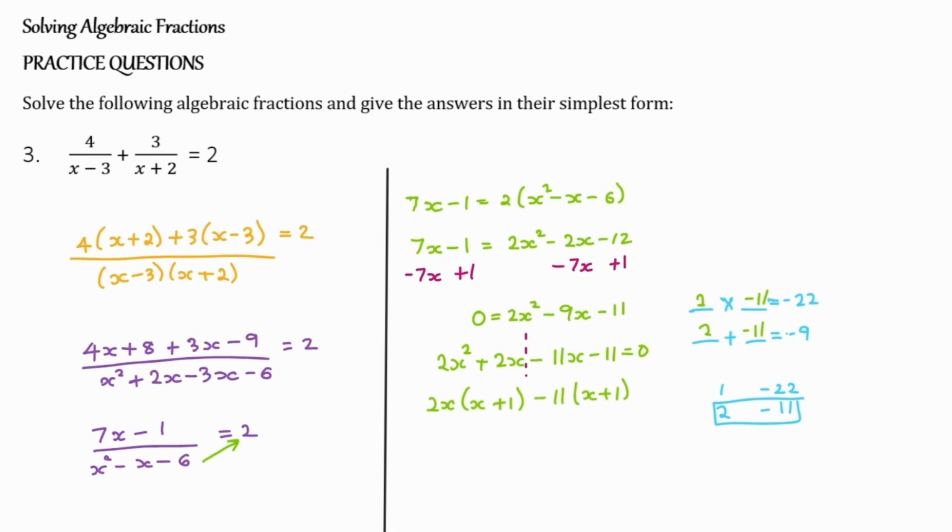So we can now write the two factors as 2x minus 11 and x plus 1, and this is all equal to 0. So if 2x minus 11 is equal to 0, that means x would have to be 11 over 2. And if x plus 1 is equal to 0, that means x would have to be minus 1. And these are our two solutions for this question.